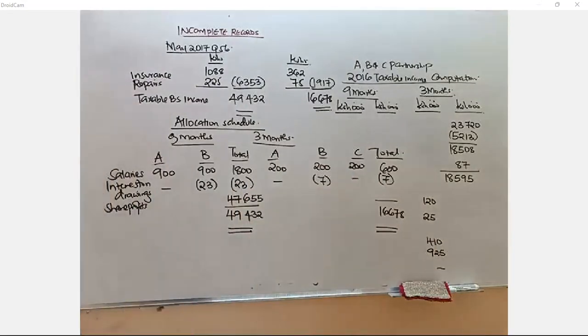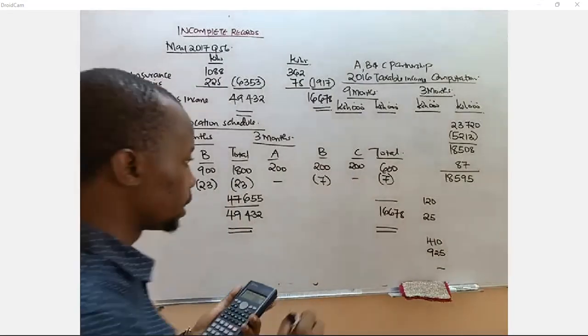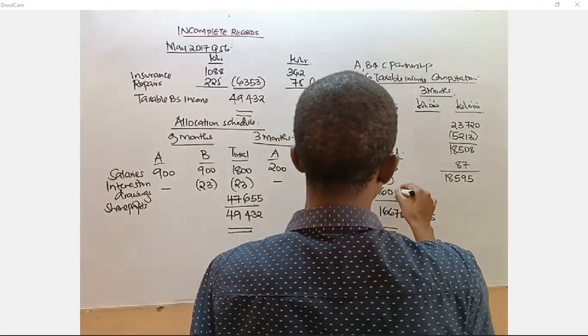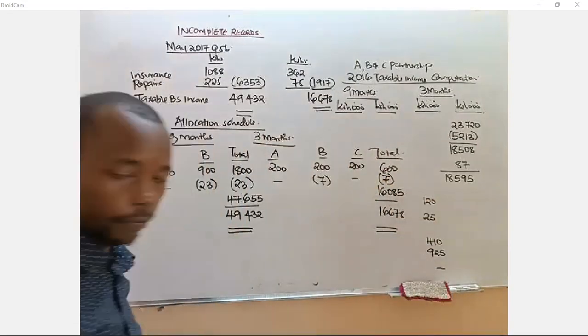And when we go to the far end, it will be 16,678, minus 600, minus 7. We are supposed to be getting 16,085 to be shared.